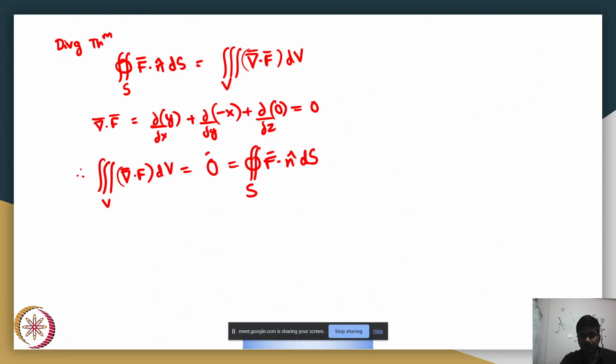And it has applications. The simplest one that springs to my mind is, suppose you have a positively charged particle. It will have an electric field which is radiating outwards like this.